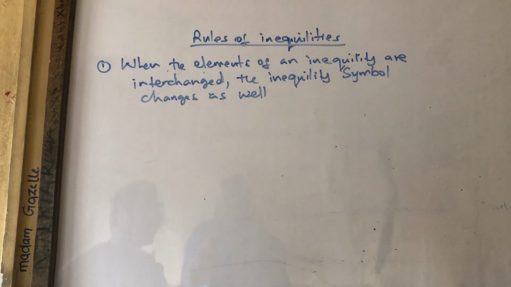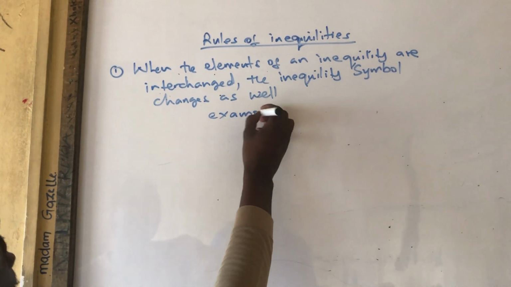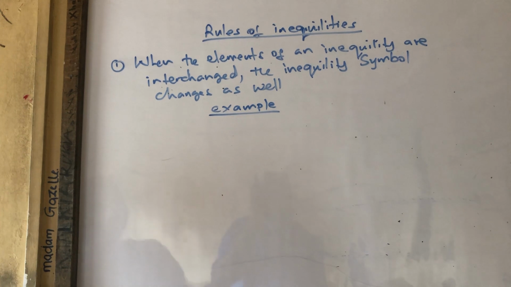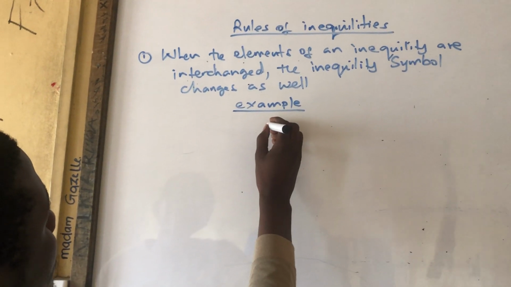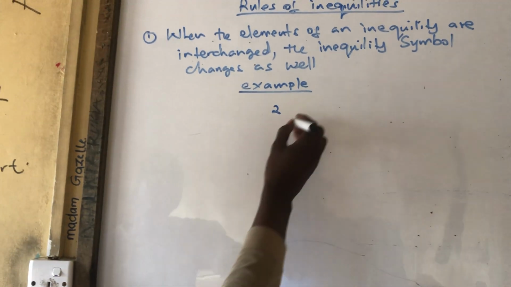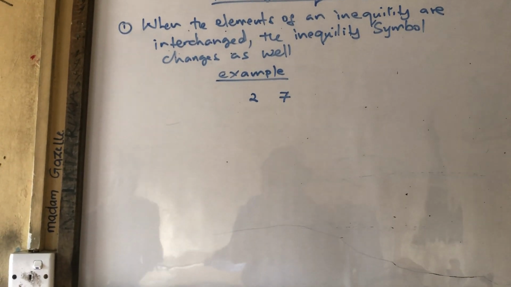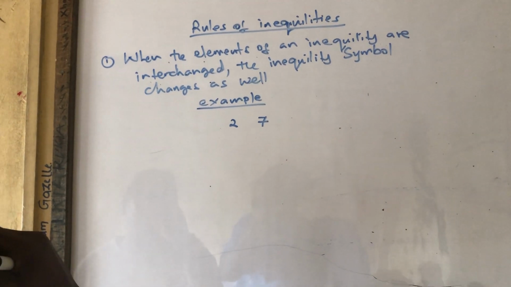What do I mean exactly? Allow me to use this example to illustrate it. I want us to consider the number 2 and the number 7. Which is the correct symbol to put between the 2 and 7?